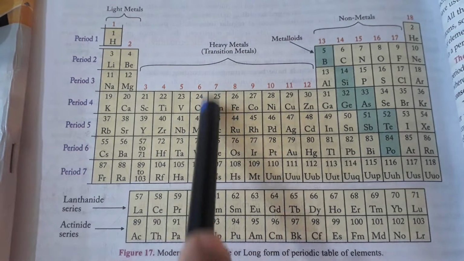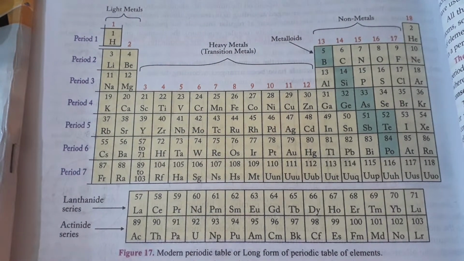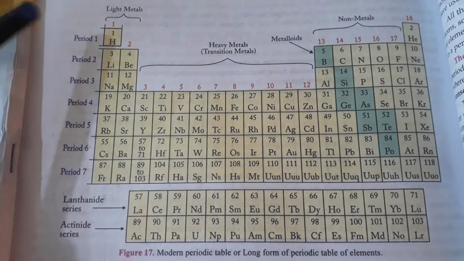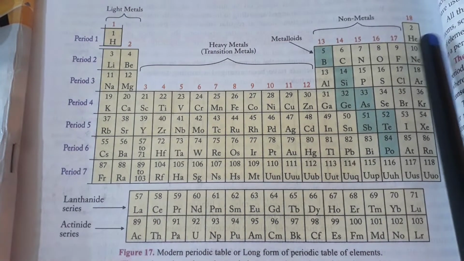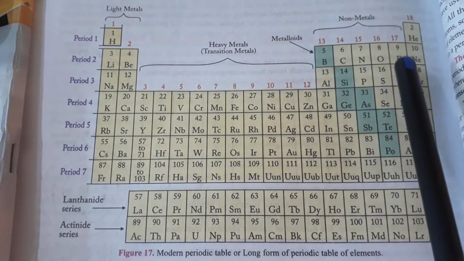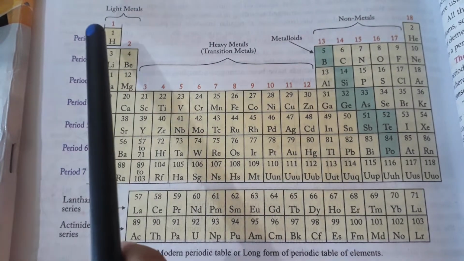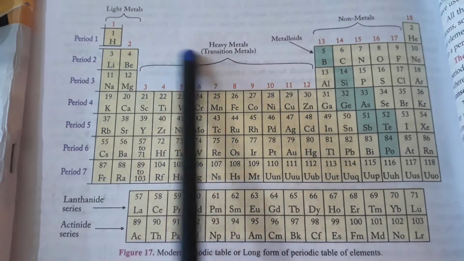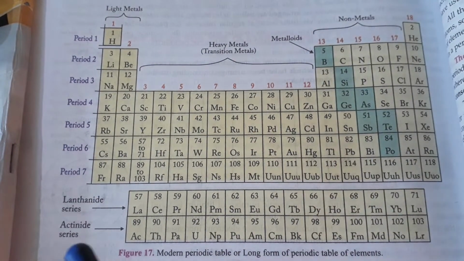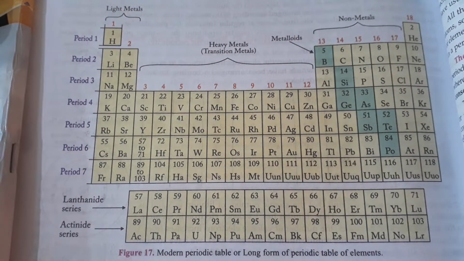How many periods and groups are there? In the modern periodic table there are 7 periods, and from 1 to 18, a total of 18 groups. Now we will study in detail the periods and all the groups in the modern periodic table.